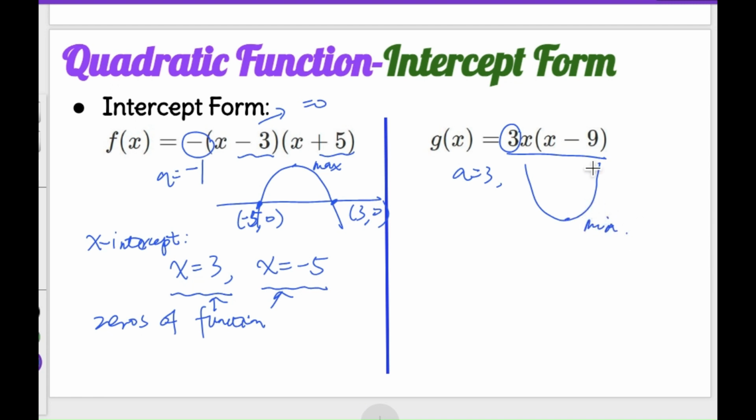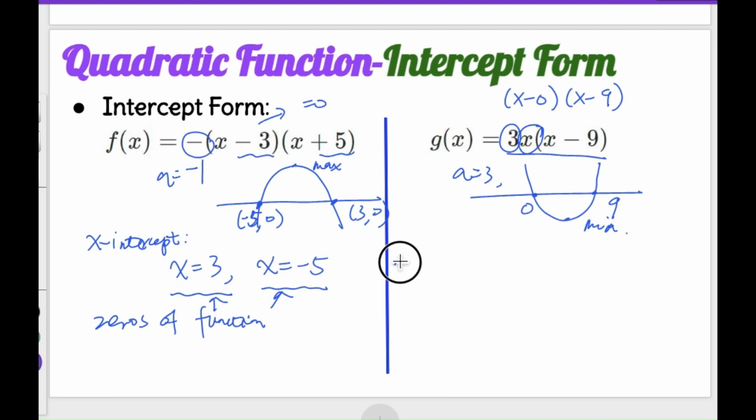But what are the two values of the x-intercepts? How do we read it? As you can see, in the first part we have the other number next to this, so we can consider it x minus 0. The other one is x minus 9. We just read the opposite values, which are 0 and 9.